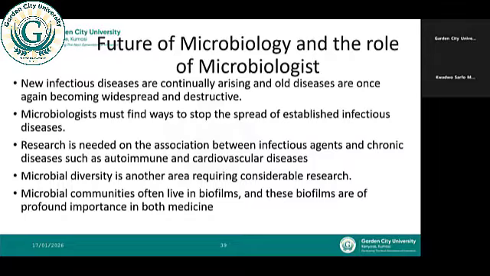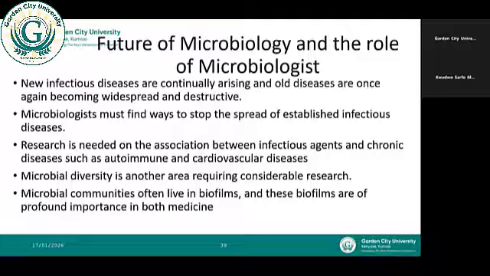Now, what is there for us in the future? We have emerging infectious diseases, and even the old ones are becoming widespread and very destructive. So we need to also devise strategies to control them. COVID-19 came, but before that we had SARS.